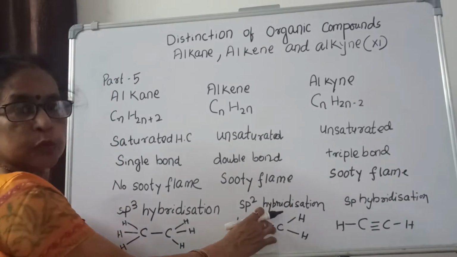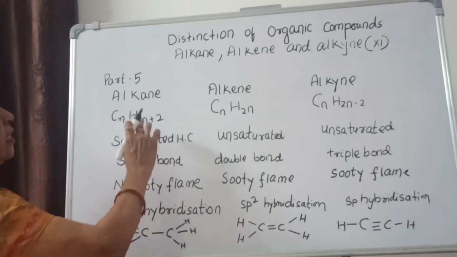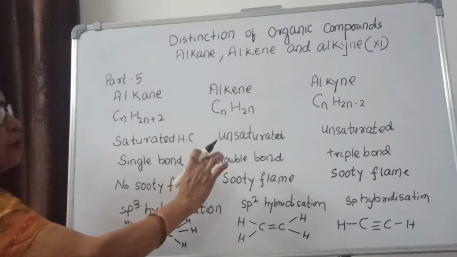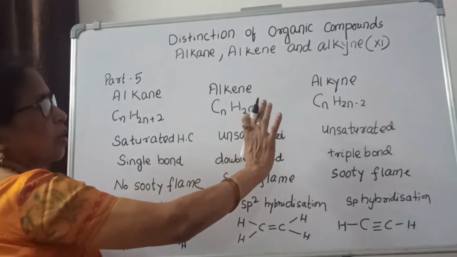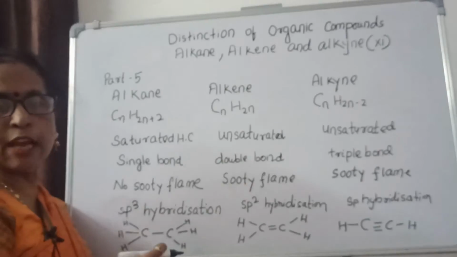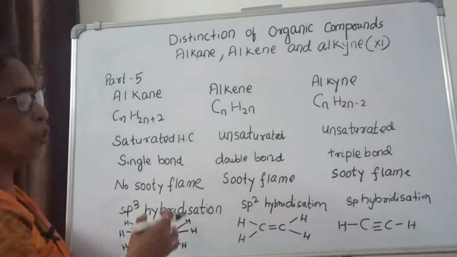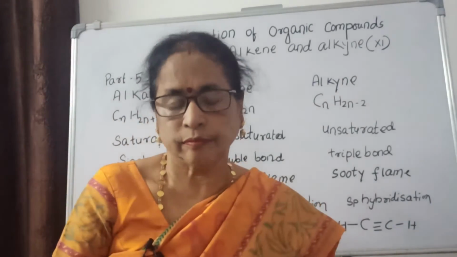That is why there are two bonds, three bonds and single bond, and this is a saturated hydrocarbon, while the others indicate unsaturated alkene and alkyne respectively. Then we will see other chemical properties. How can you distinguish between alkane, alkene and alkyne?